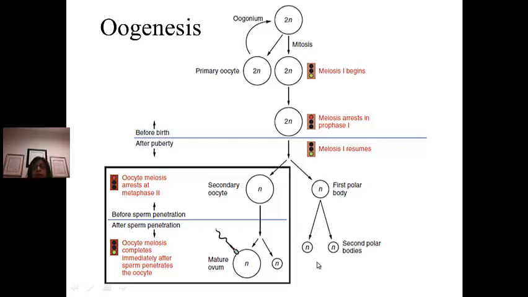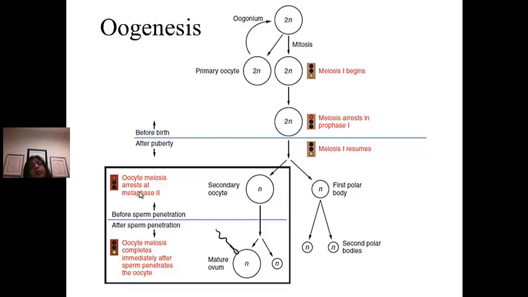So these would eventually die, and so we got rid of this particular set of cells. We are only dealing with the secondary oocyte. It was large to begin with, and now it begins meiosis II. It gets as far as metaphase II and stops there. So before sperm penetration, this is how far cell division can go.